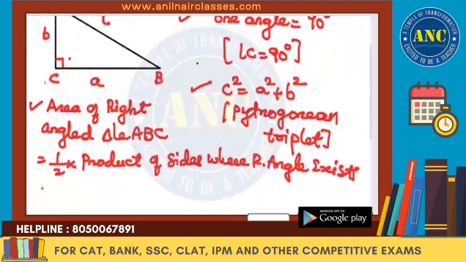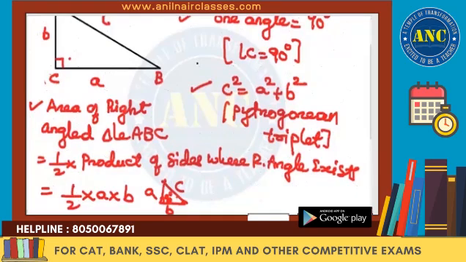So it is nothing but half into A into B, for the right angle triangle ABC. Just write as it is, sir. Area of a right angle triangle is half into the product of the sides where the right angle exists.